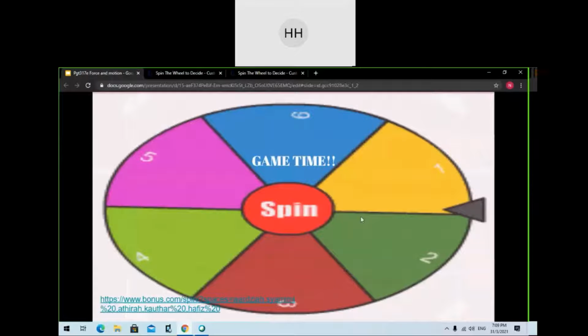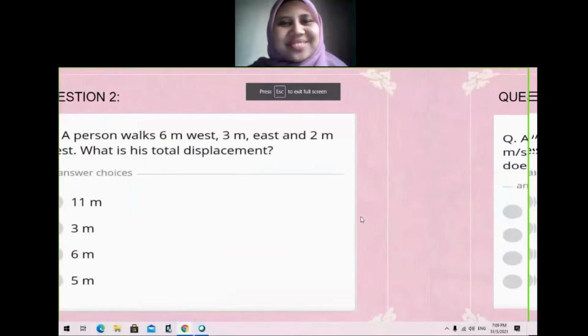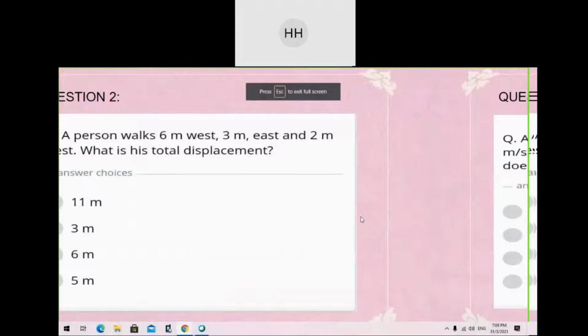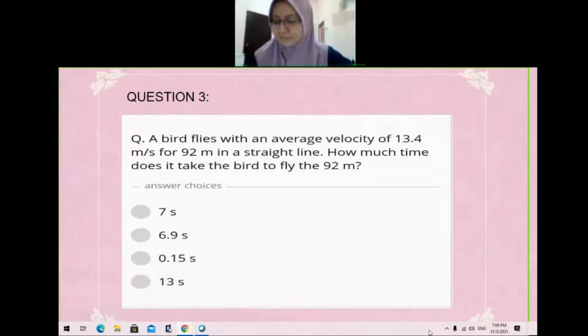I'm so famous, teacher. So what is the question? Okay, a bird flies with an average velocity of 13.4 meter per second for 92 meter. What time does it take the bird to fly?